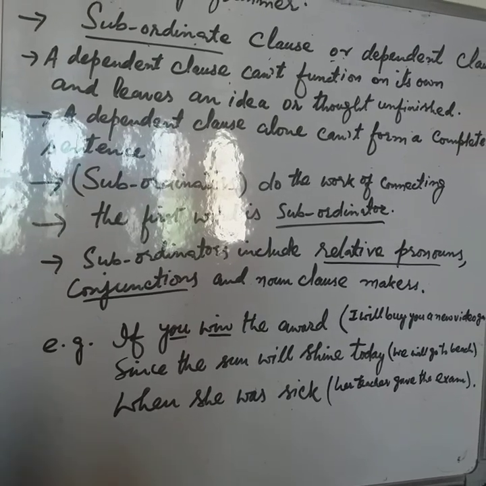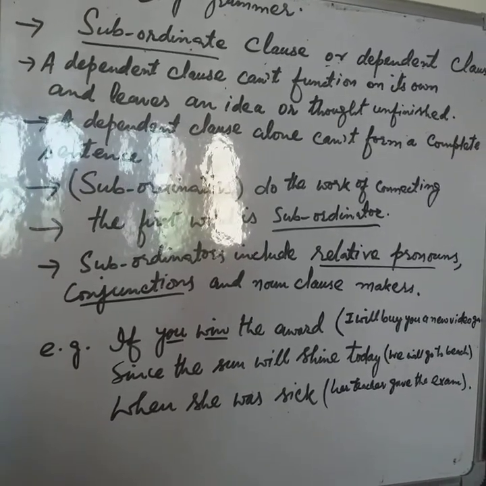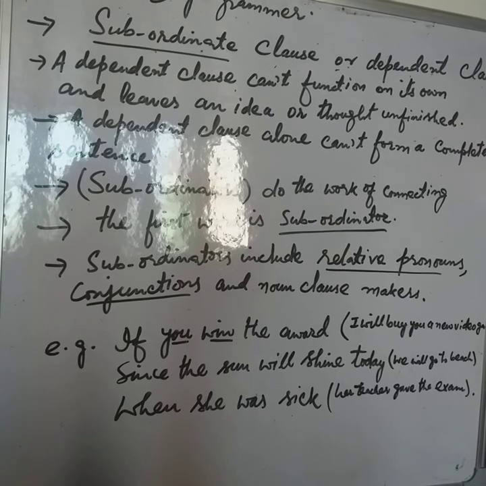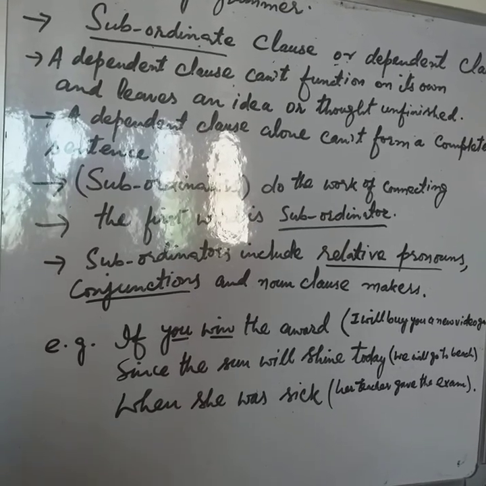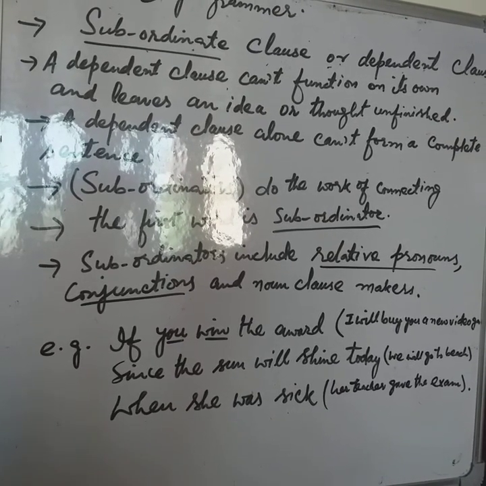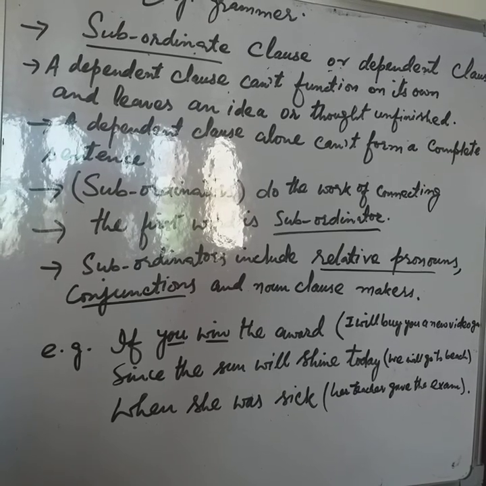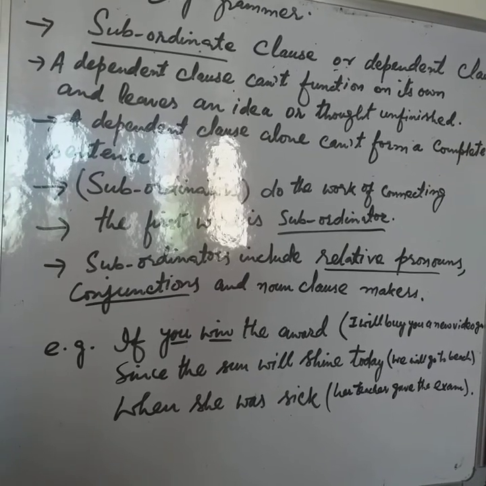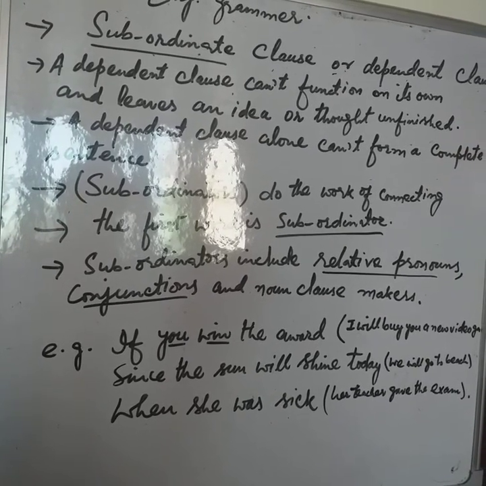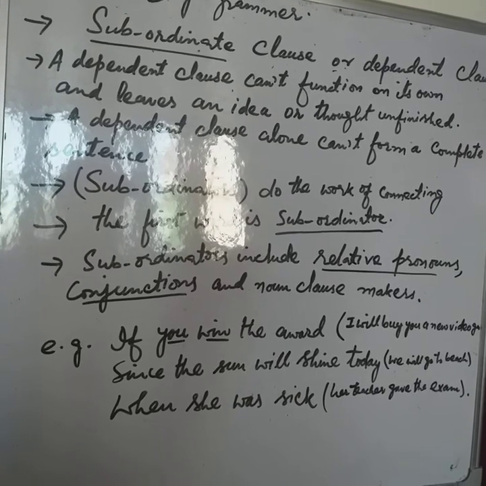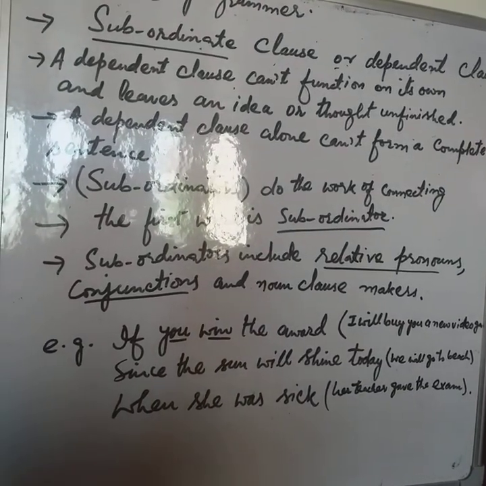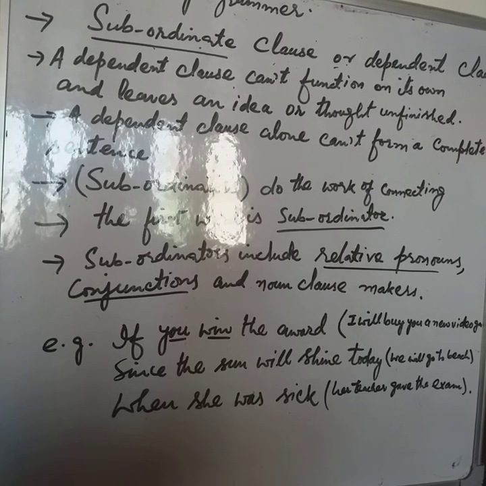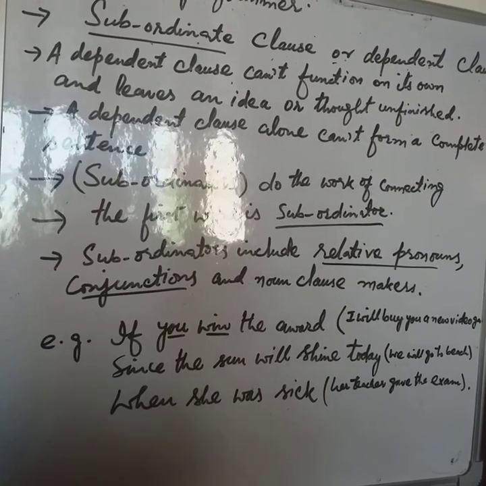Now let us complete their thought. Now let's connect them. For example, if you win the award, I will buy a new video game. Similarly, since the sun will shine today, we will go to the beach. When she was sick, her teacher gave the exam.